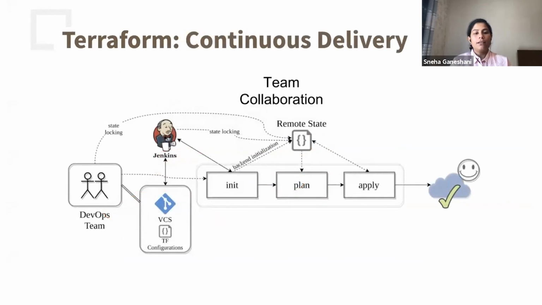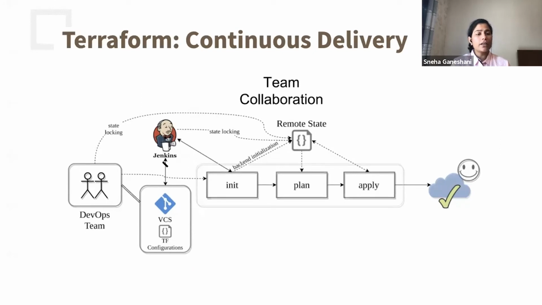Now, as discussed, you can always use continuous delivery when you are using Terraform. So let's say you have a team of 10 people, and you don't want the production changes to be deployed from your local machines through any developer. So what you can do is create a Jenkins pipeline.